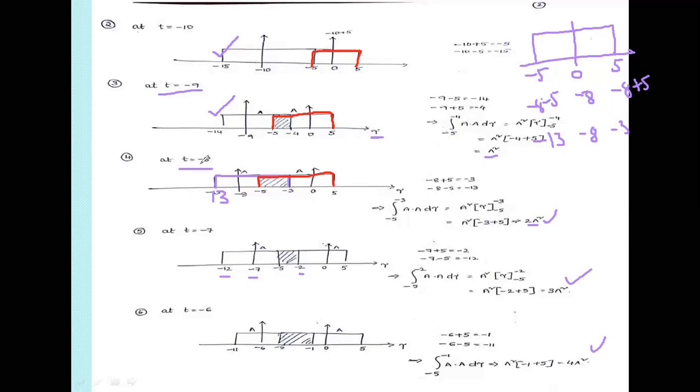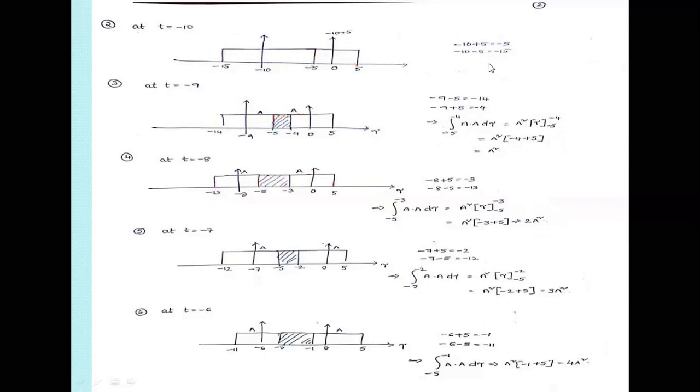Minus 8 is less than minus 7. From 0, the magnitude is 1 a square, 2a square, 3a square, and 4a square. Then after that, at t equal to minus 5, minus 5 to 0. I will explain again.